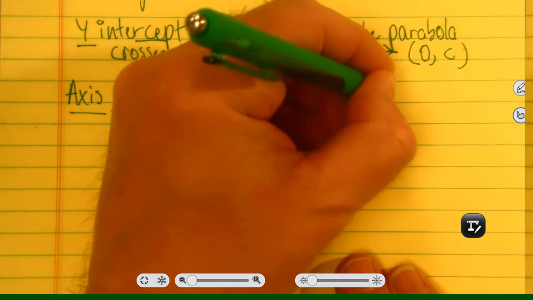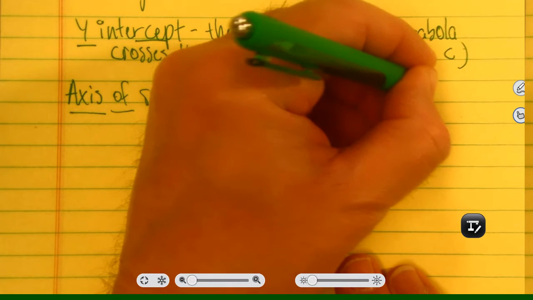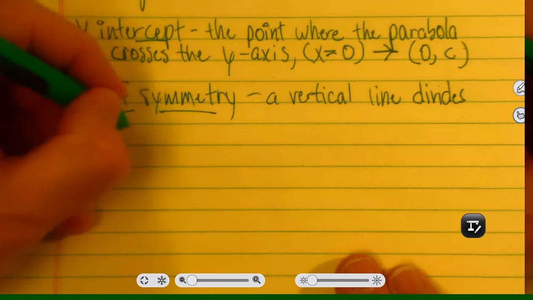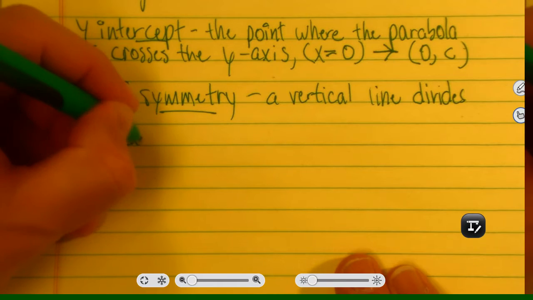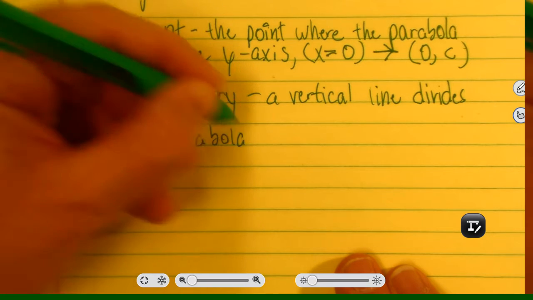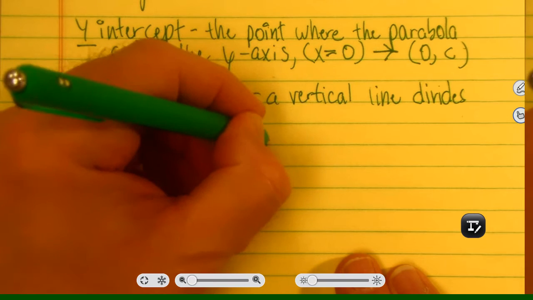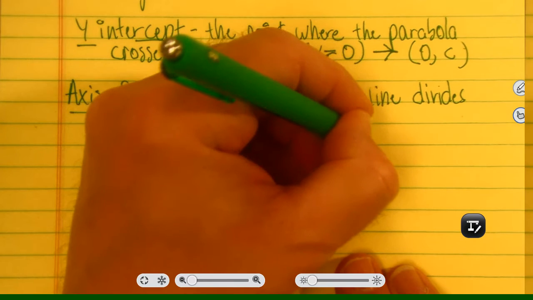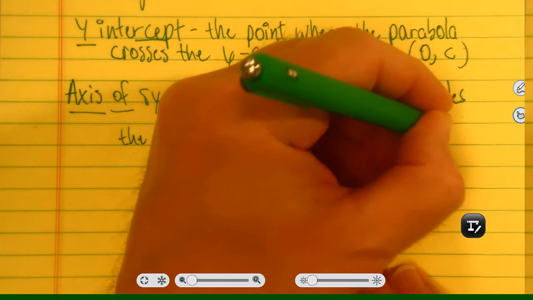And that line divides the parabola into two equal parts.